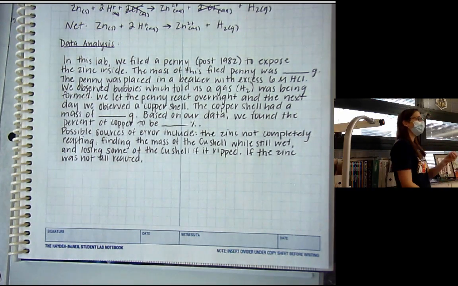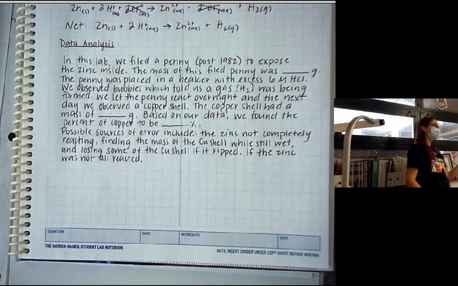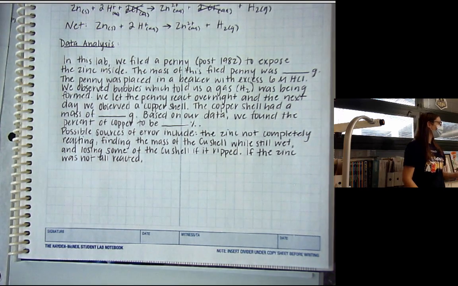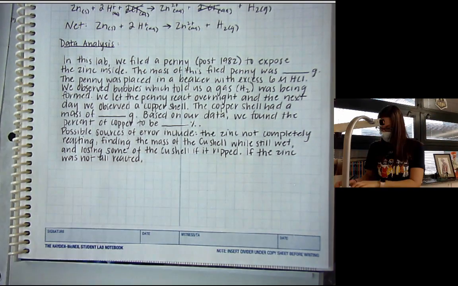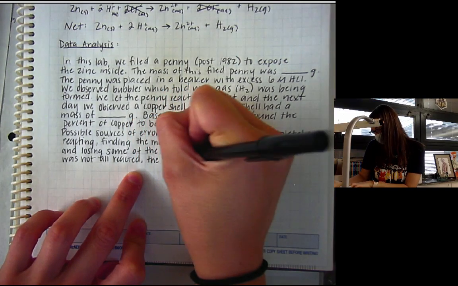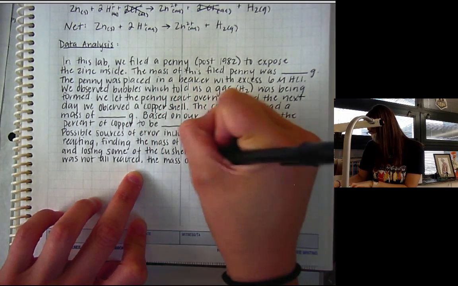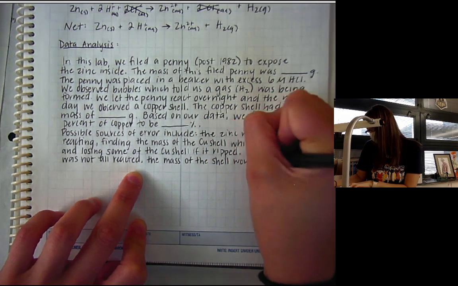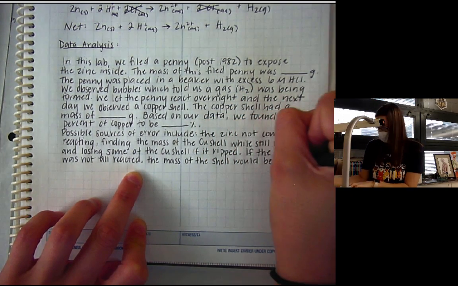If the zinc were not completely reacted, there was still some zinc inside that copper shell. What would that actually do to the mass of the copper shell? When you put it on the scale, if there was still zinc inside, it would increase it. So if the zinc was not all reacted, the mass of the shell would be too high.